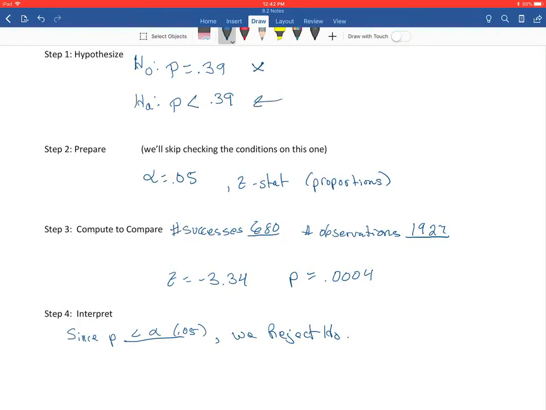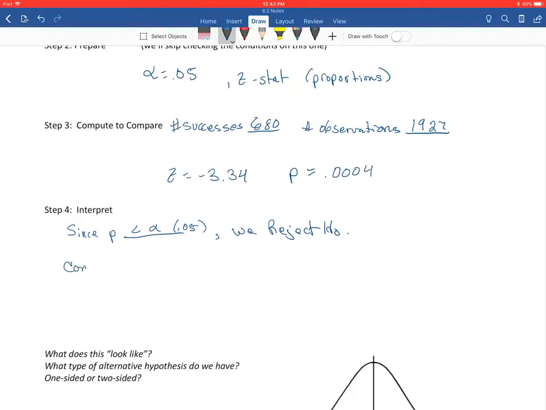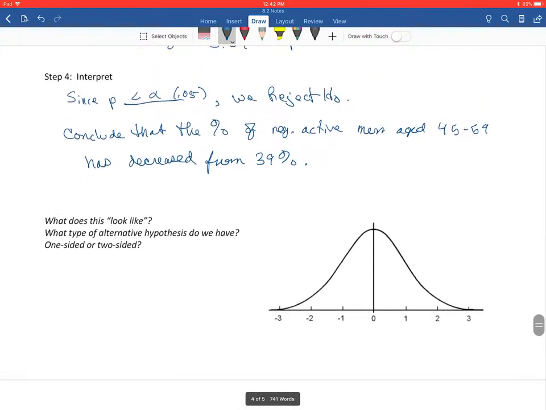So if we reject this, which means we're going with this, I need to make a statement now for that one. So I conclude that the percentage of regularly active men aged 45 to 59 has decreased from 39%. I can make that statement. I can, in this case, say it decreased because that's what I was testing.